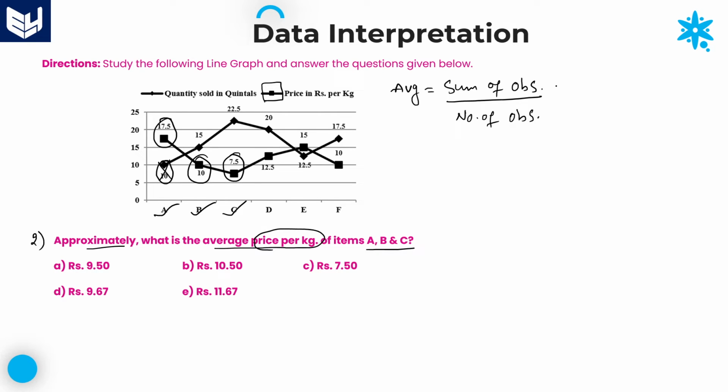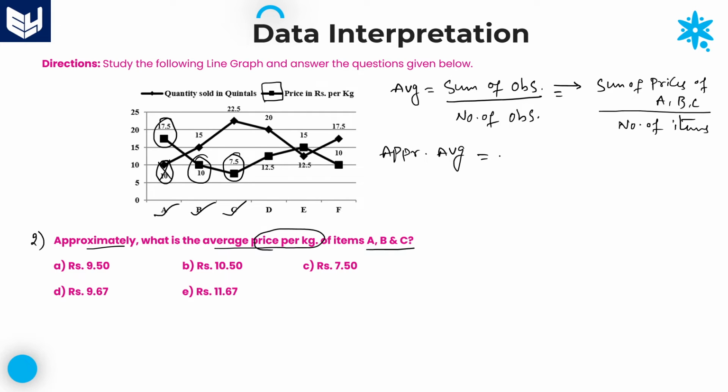Now, sum of observations is nothing but the sum of prices per kg of A, B, C items, divided by number of items. Now you just calculate the approximate average. We don't want to calculate the exact average.